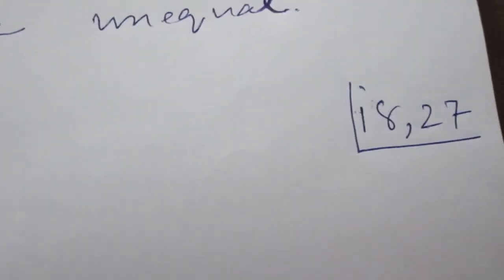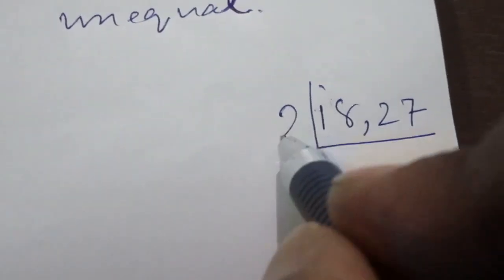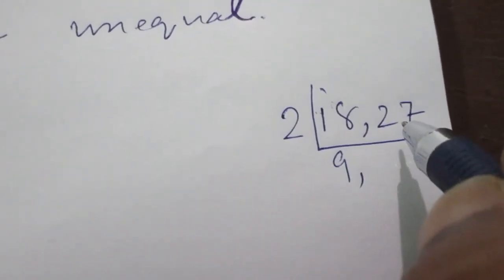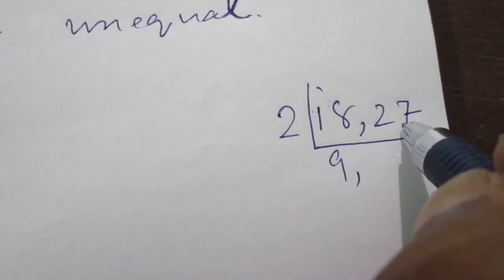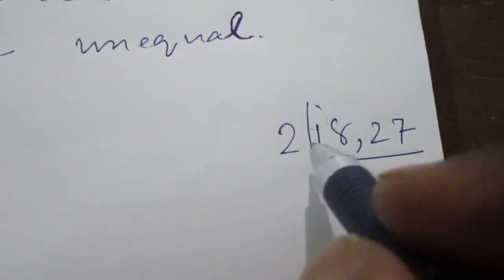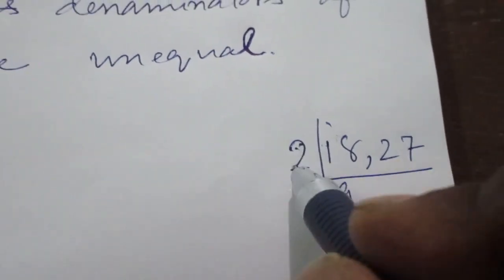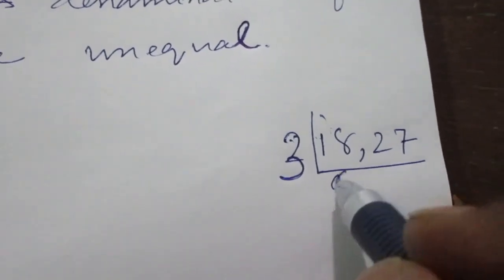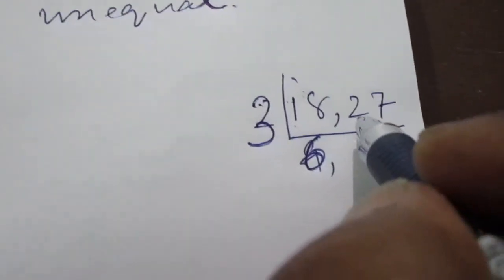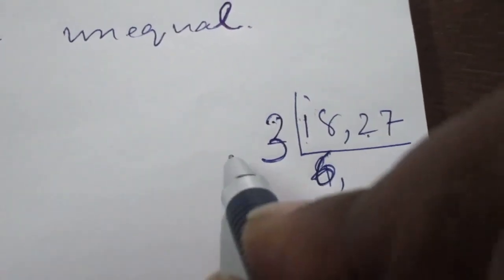18, first you have to start with 2. 2 9s are 18. But we cannot do anything with 27, so we have to change the number. We have to take 3. So 3 6s are 18, isn't it? At least two numbers should be divisible by the number here.